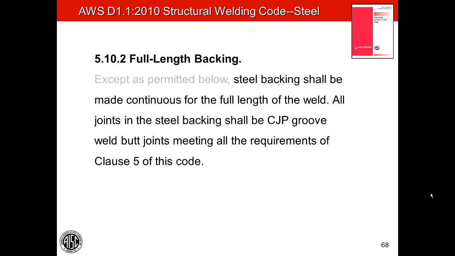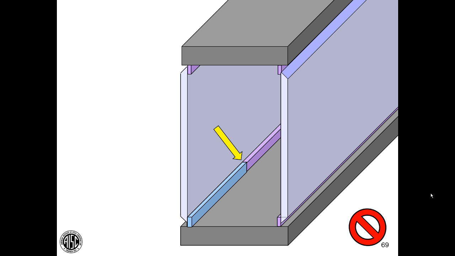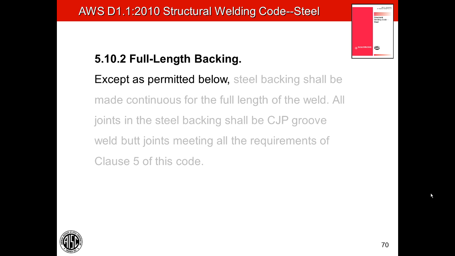Now, I've put in shadow the words that say except as permitted below, and there are some exceptions, but the arrow's pointing to the condition that is prohibited. As to the exceptions, AWS does have some specific exceptions where segments of backing transverse to the applied stress are permitted to be left in place for tubular connections.